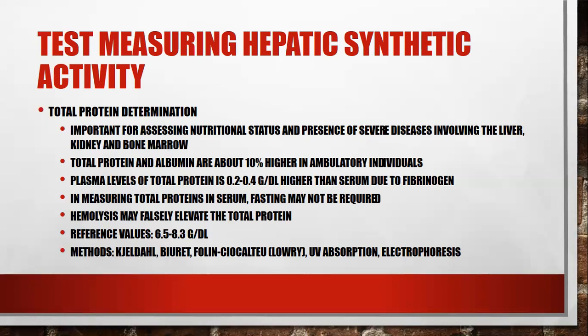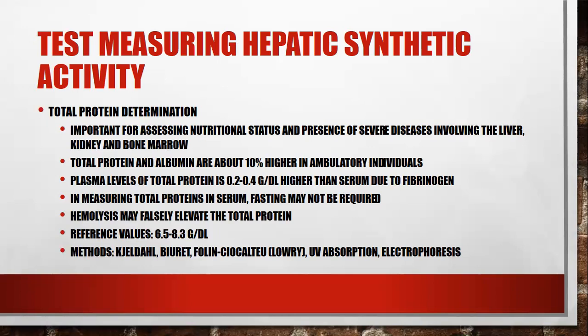So again, in Kjeldahl, we determine the nitrogen component of the protein. However, in Biuret method, we determine the amount of peptide bonds, no, present in the protein. So remember, your proteins are actually comprised of amino acids. When proteins are broken down, they may become peptides, and these peptides, when further broken down, produce amino acids.